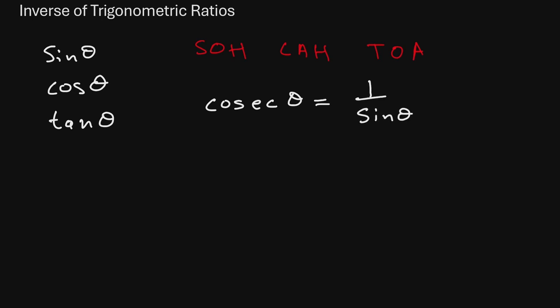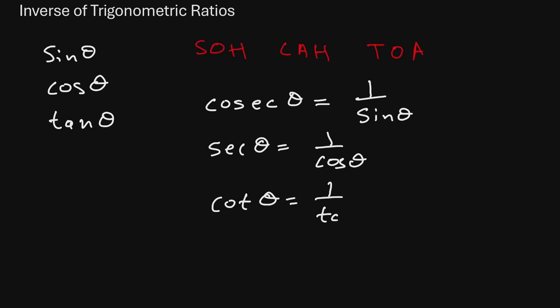Sec theta is the inverse of cos, so it's going to be 1 over cos theta. And lastly, cot will be the inverse of tangent, so it's going to be 1 over tangent.